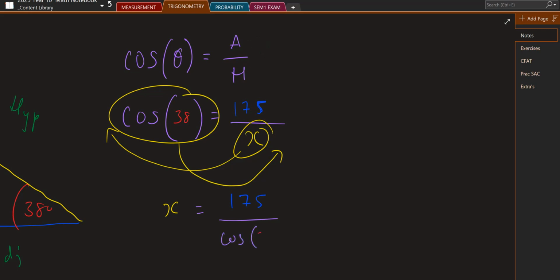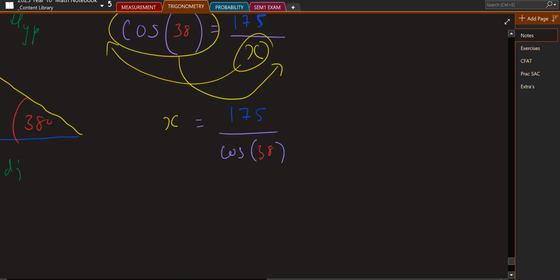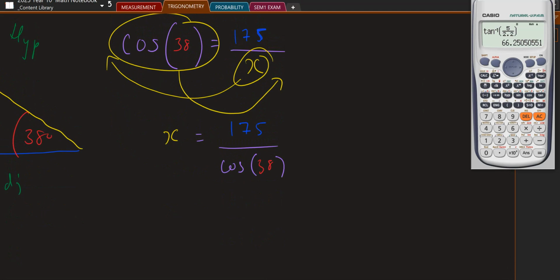Okay, so when we put that in the calculator, what this will give us is the length of x, which is the length of y that we need. All right, so it's going to be 175 divided by the cos of 38 degrees, which equals 222.09.